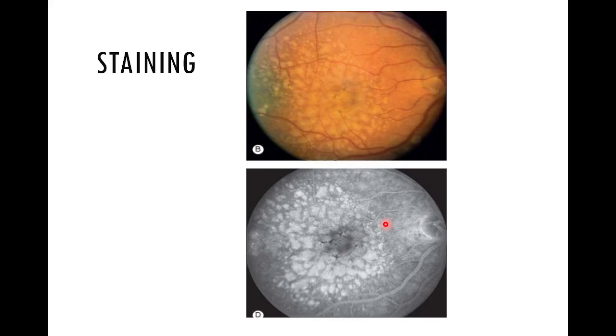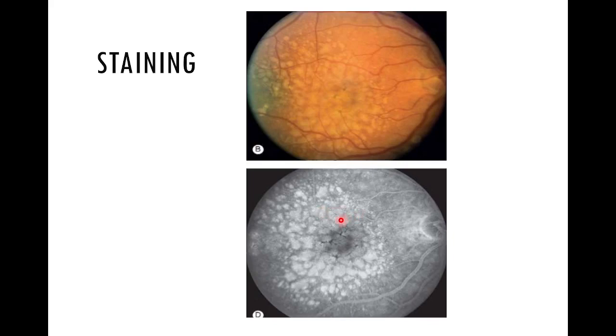That is the window defect. So, in window defect, hyperfluorescence is seen in the early phase, followed by gradual fading of the hyperfluorescence in the late phase. But in case of staining, hyperfluorescence is seen in the early phase and persists in the late phase. Understood?